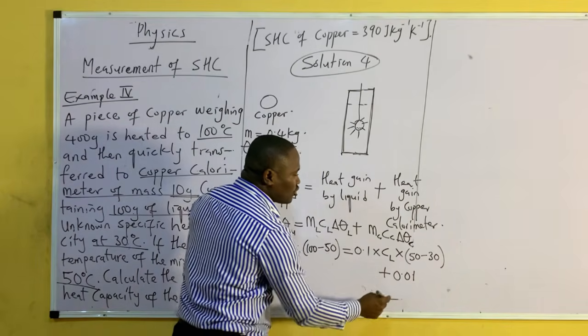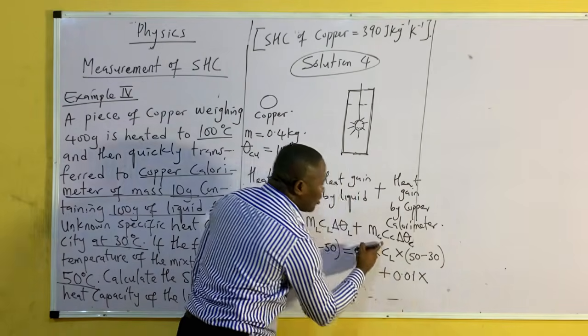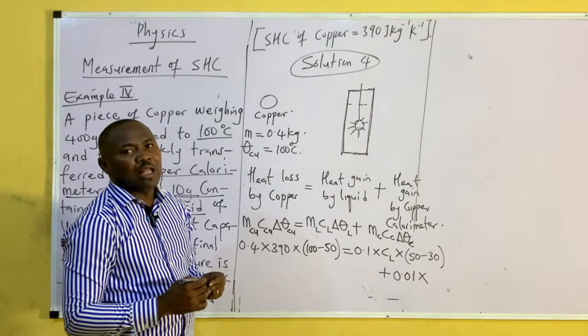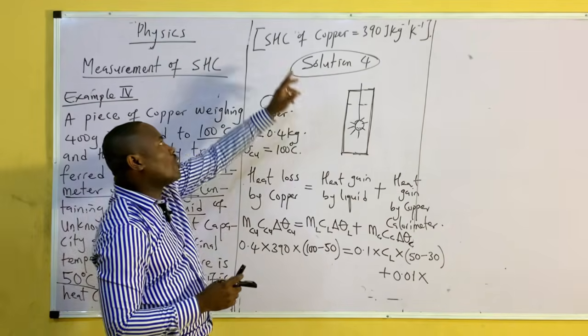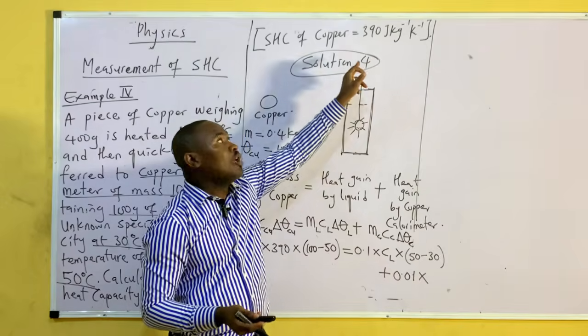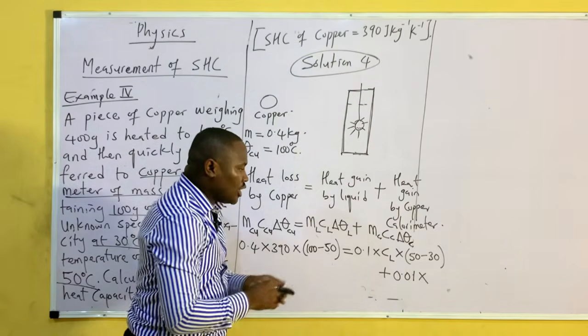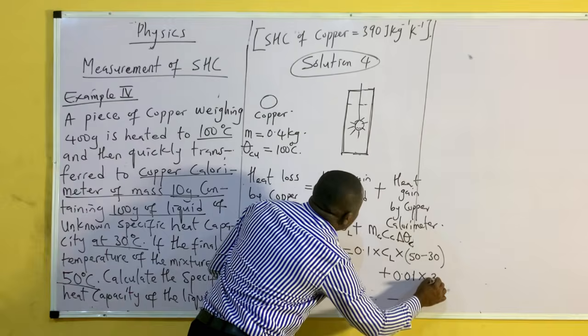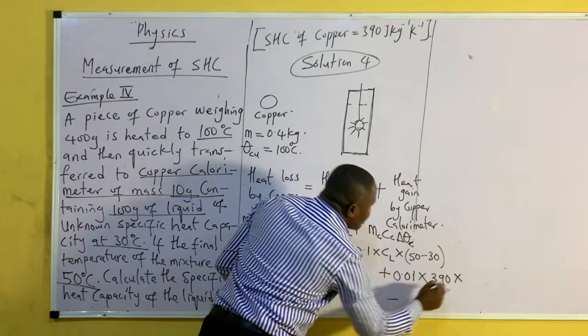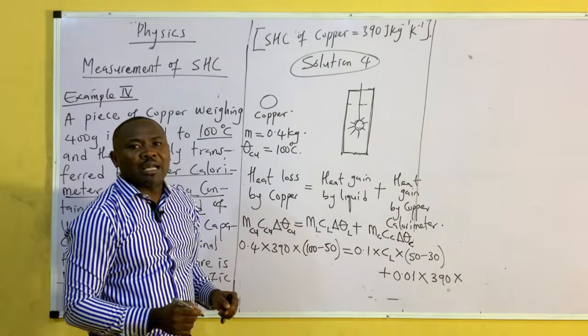So it becomes 0.01 times the specific heat capacity of a copper calorimeter. It is also equal to the specific heat capacity of copper because a copper calorimeter consists of copper. So it will still be times 390, then times the temperature change of the calorimeter.